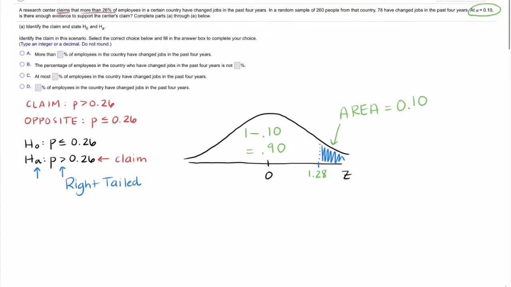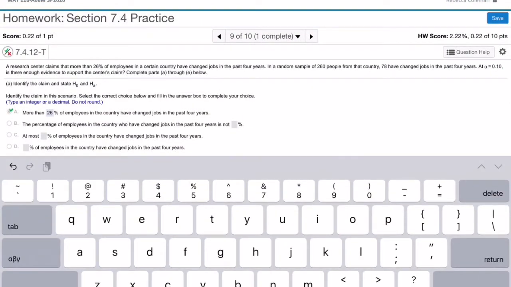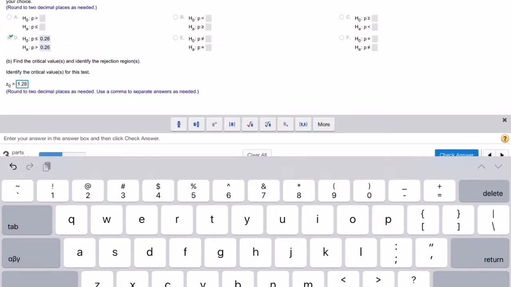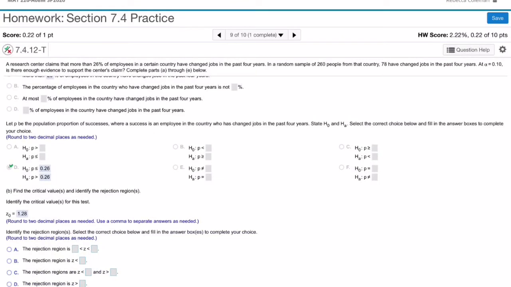All right, so again, I'm going to go back over here. I'm going to input that critical value, which again is positive because it is a right-tailed test, 1.28. And then my rejection region here: sometimes MyStatLab will have you identify the graph. Sometimes they'll just ask you what the region is.